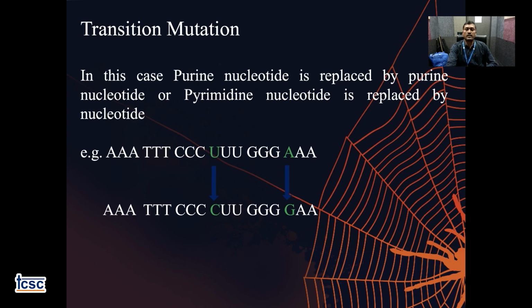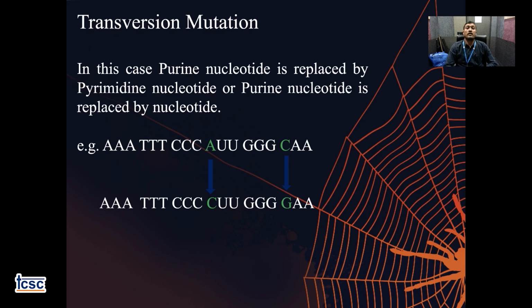Let's move to the next mutation, transversion type of mutation. It is just like a transition mutation, but instead of purine replaced by purine, a purine is replaced by a pyrimidine nucleotide, or a pyrimidine is replaced by a purine nucleotide.